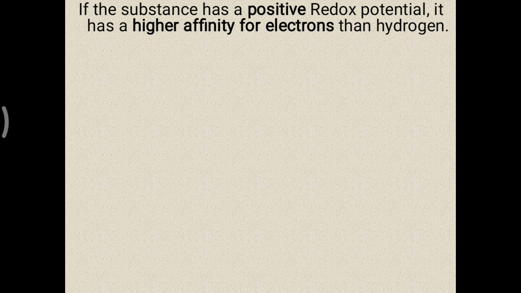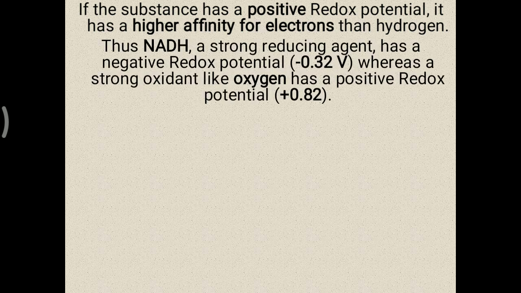Simply, positive redox potential means more affinity for electrons, and negative redox potential means low affinity for electrons. Thus NADH, a strong reducing agent, has a negative redox potential, whereas a strong oxidant like oxygen has a positive redox potential. Because of the high redox potential of oxygen, it has a higher affinity for electrons.